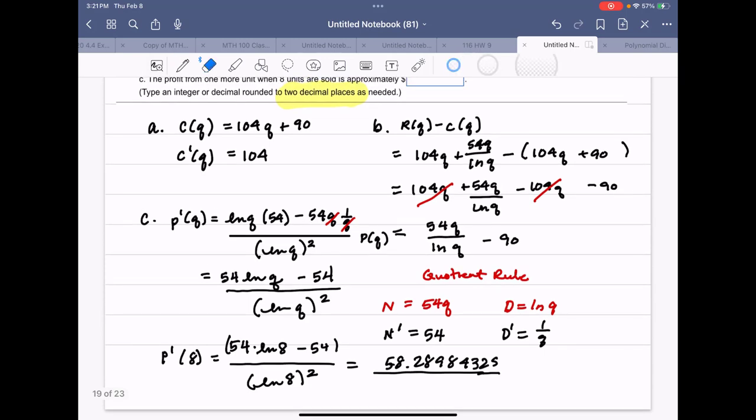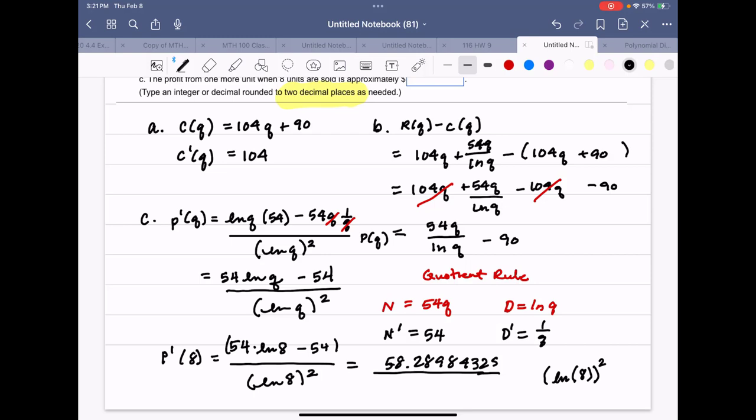Then I'm going to do, and I got to be careful here, I'm going to put my natural log of 8 in parentheses. So parentheses, natural log of 8, close parentheses twice, squared. So it looks on your calculator like this. Parentheses, natural log, 8, parentheses, parentheses, squared.